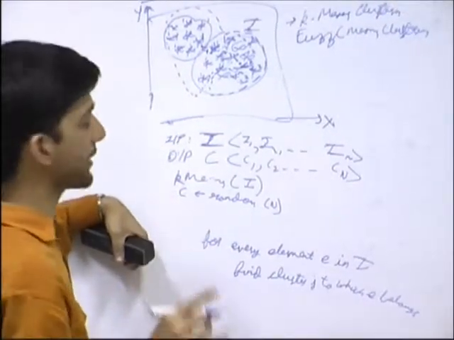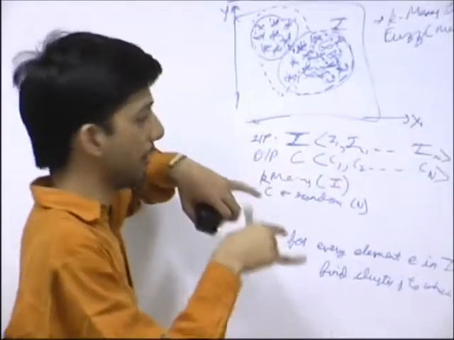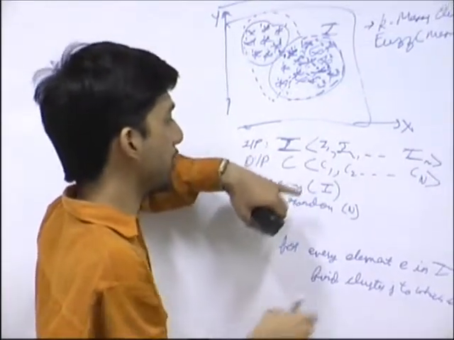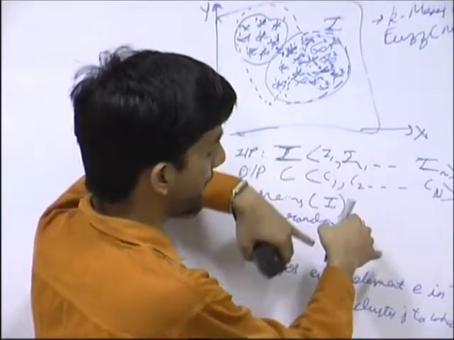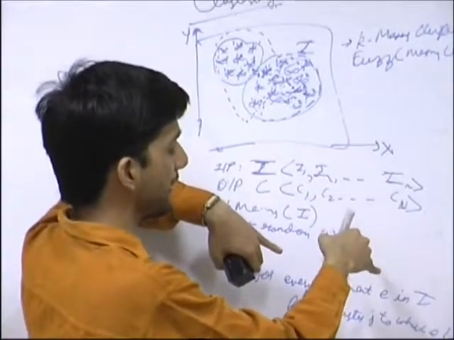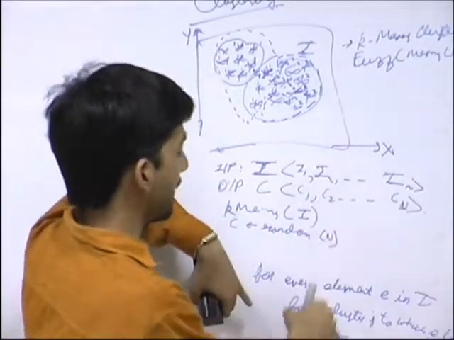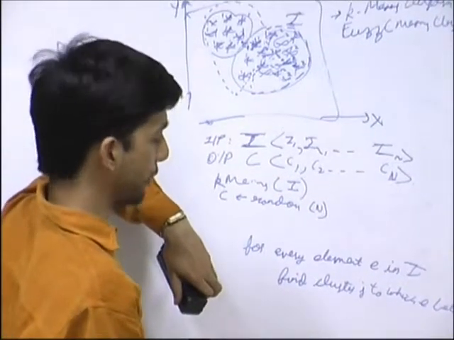That is using the minimum distance. For E, I'll find out its distance from all the centers. I'll find out its distance from C1, from C2, from Cn. Whichever gives me the lowest distance is what it belongs to. That is the label it belongs to.